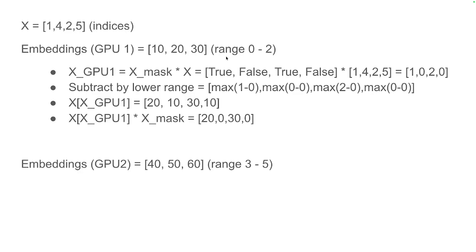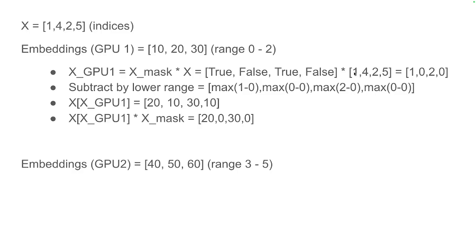Based on this x, 1, 4, 2, 5, you see what lies inside this range, and you build this mask. The first, 1, lies inside 0 to 2, yes, hence true. 4 lies in 0 to 2, no, hence false. 2 lies in 0 to 2, hence true. 5 doesn't lie, hence false.